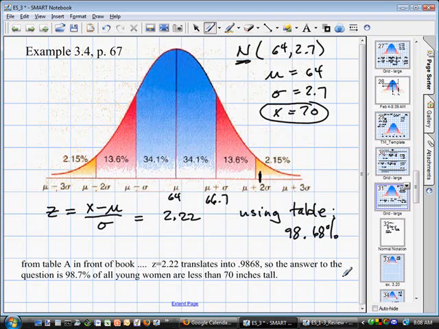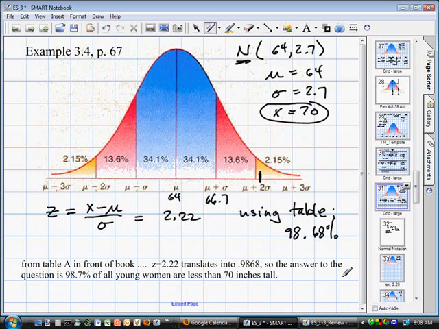Now it's our standard score, but the book wanted to know the percent that's less than that. That's good news, because remember, the table in the front of the book will always give you less. So pick up your book, open it up, and look for a Z-score of 2.22. You look for the Z's along the left.